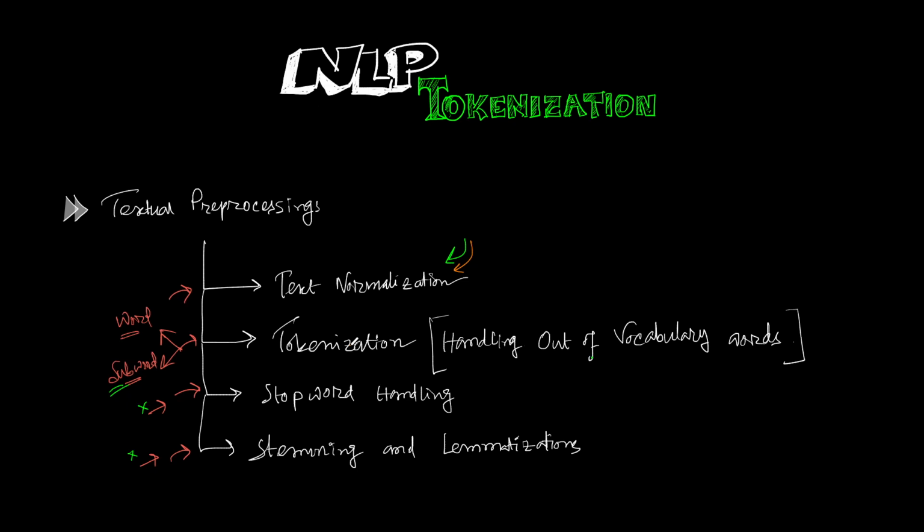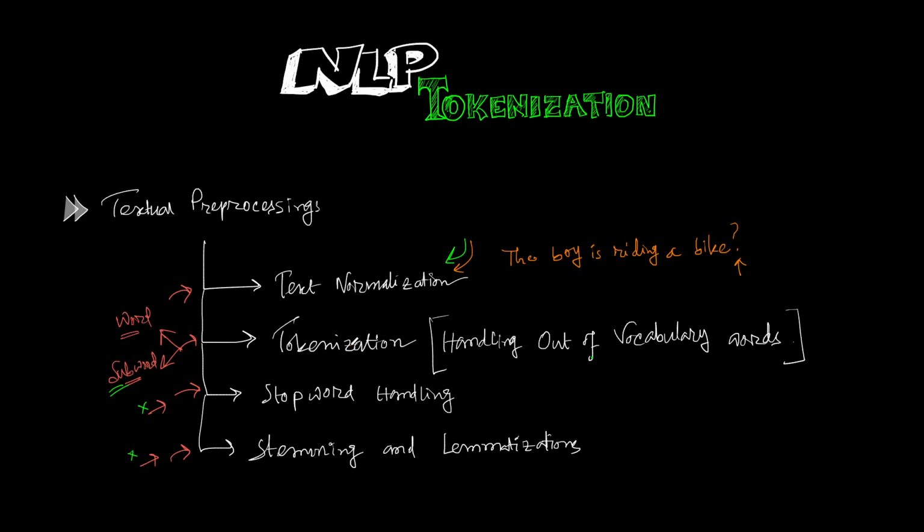So what exactly is text normalization? This is very simple. Whenever we have a sentence, suppose we have, the boy is riding a bike. You see this punctuation mark, the full stop, and if it is an interrogative sentence, then we would have got a question mark instead of a full stop.